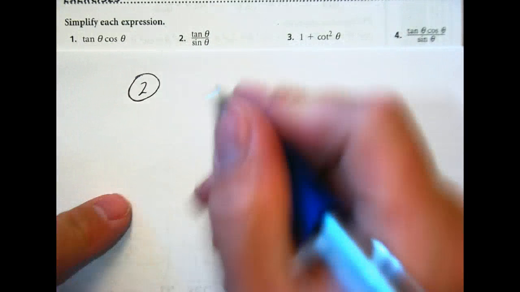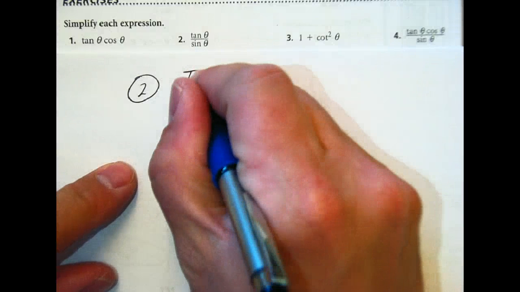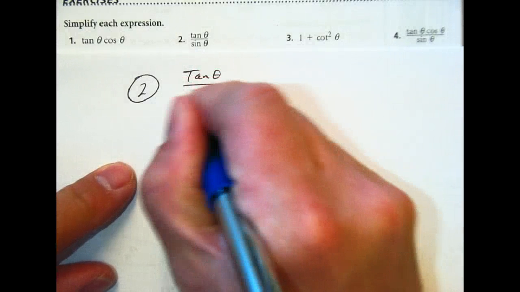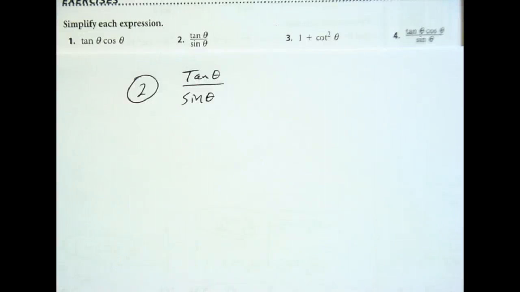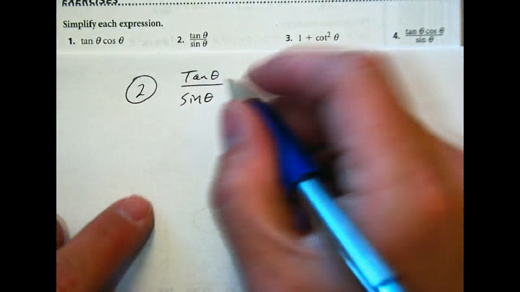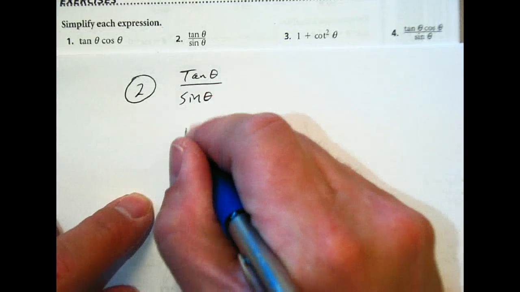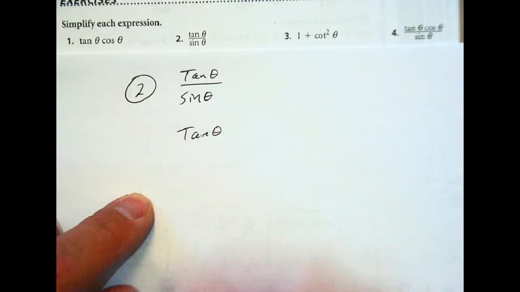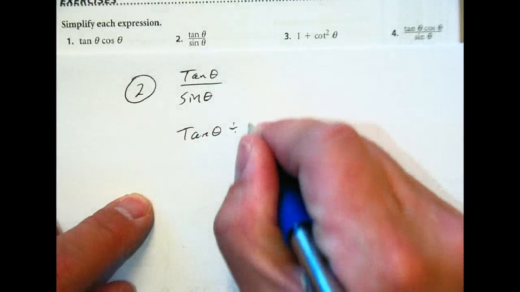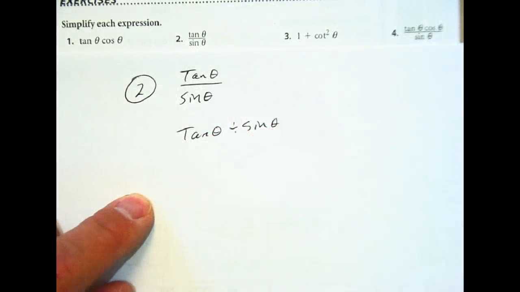Please tell me if I fall off the screen there. So tan theta over sine theta. So the first thing to do, if you have a fraction, is get rid of that fraction. Okay? So one way to do that is, you could think of it like this. Tan theta divided by sine theta. In fact, that's how I'd write it.